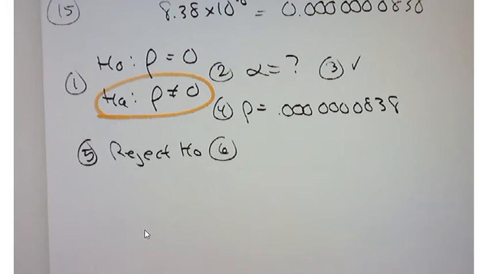The sample data support the claim that there is a linear relationship between the cost of pizza and the price of a subway token.